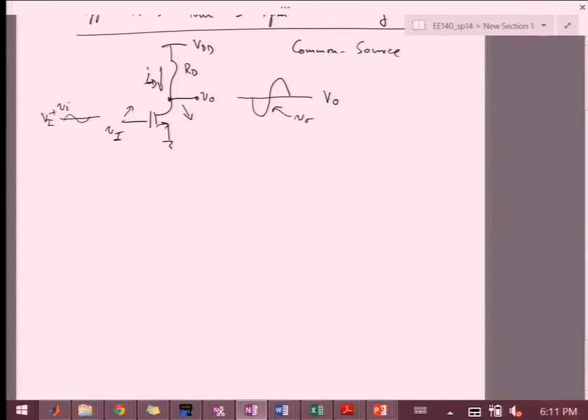The larger this ID value is, the more voltage I'm dropping across this resistor, so my VO goes down. So we say there's a pi phase shift between the input and output. It's like feeding an ideal amplifier at the minus terminal.